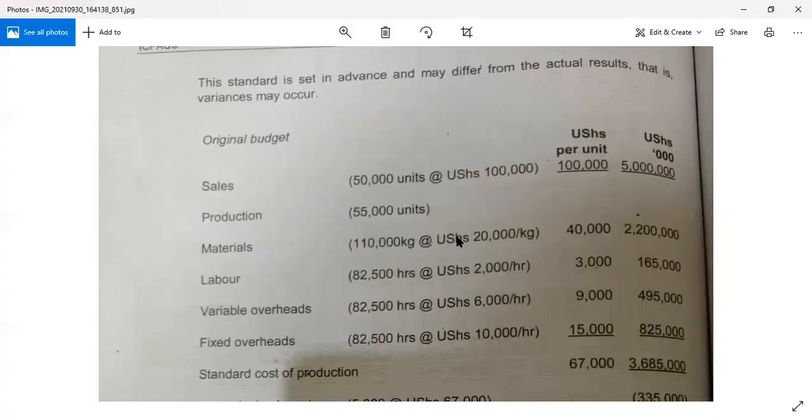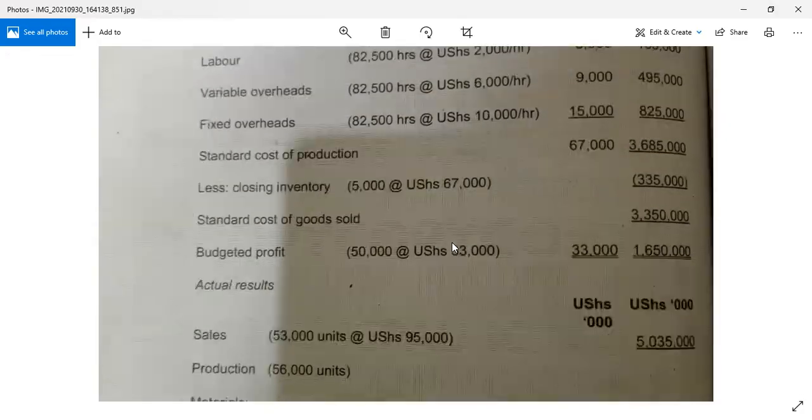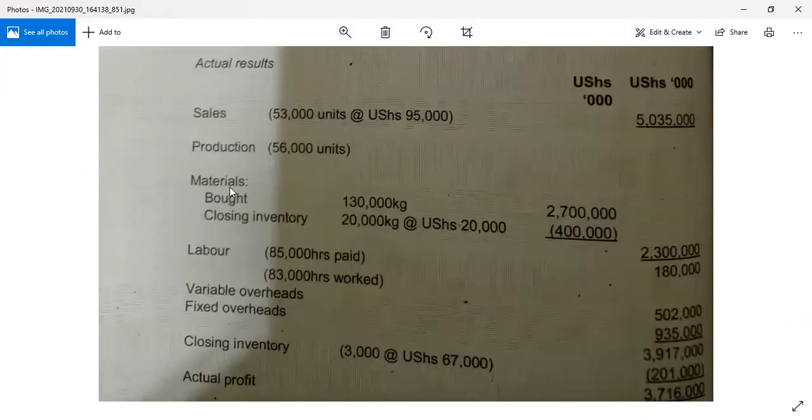So as you can see, for materials, we have 110 at 20,000 per kg, and this cost us 2.2. And then when you look at here, materials we have bought is 130 kg at 2.7. And then we also have closing stock.